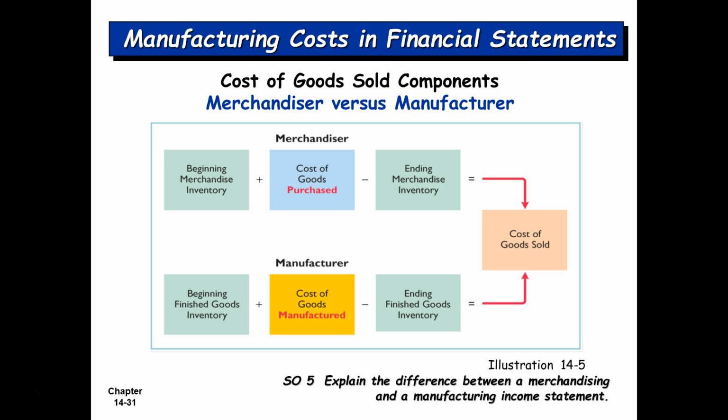That wood is then going to turn into another asset called work in progress, WIP for short. And that's part of the product cost. We're then going to go, and once it's done, that chair is going to become a finished good. So in the manufacturing sector's cost of goods sold statement, you're going to have the beginning finished goods plus the cost of goods manufactured less ending finished goods.